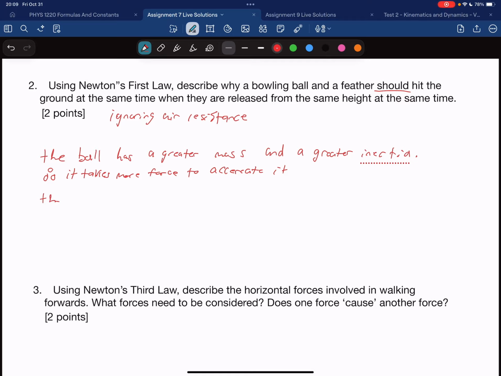For the feather, the opposite is true. So therefore, it takes less force to accelerate it.